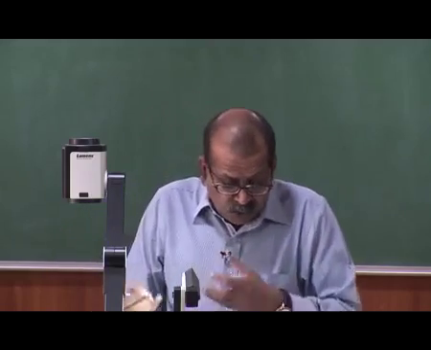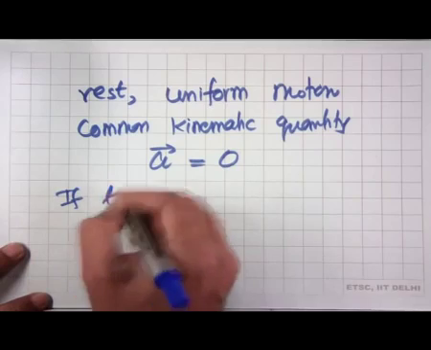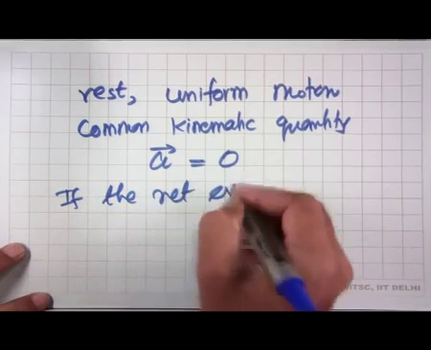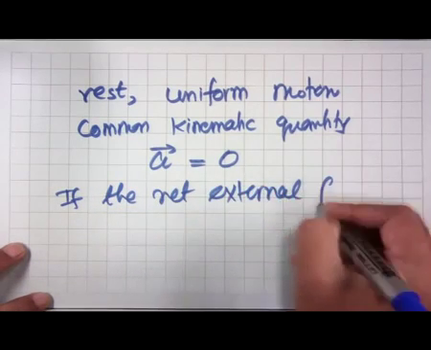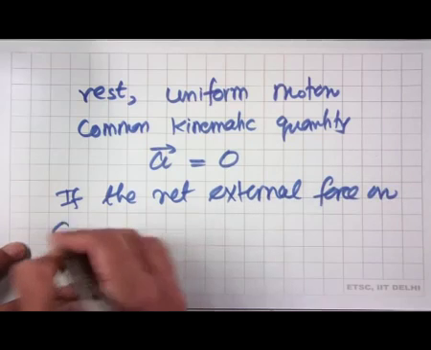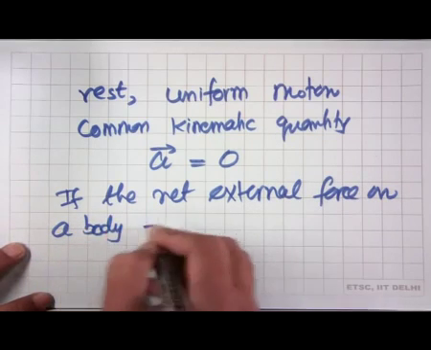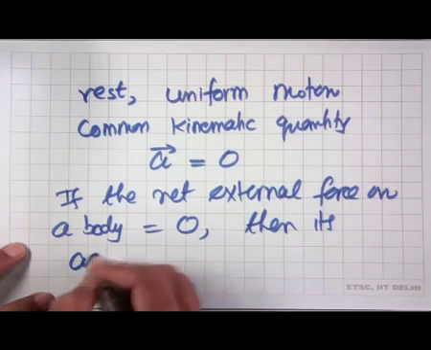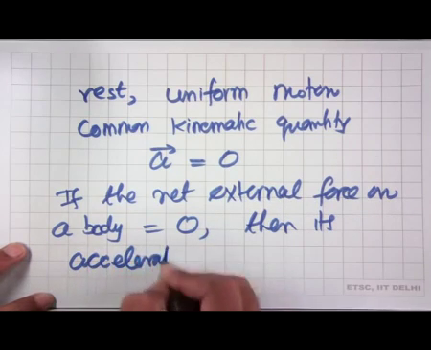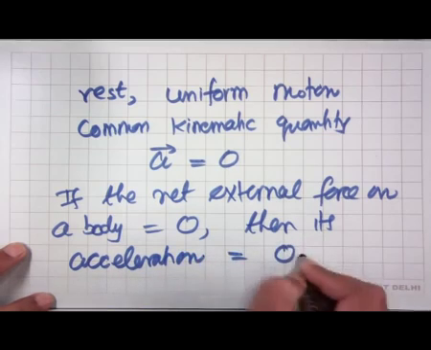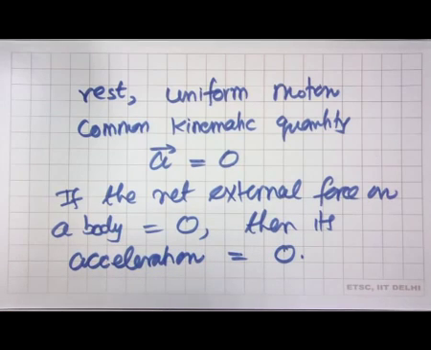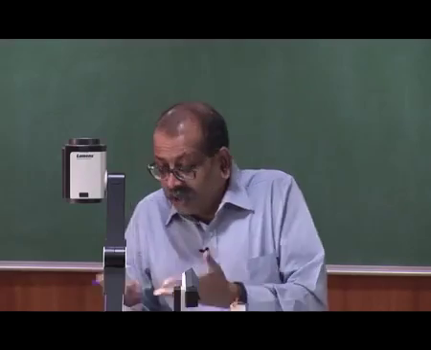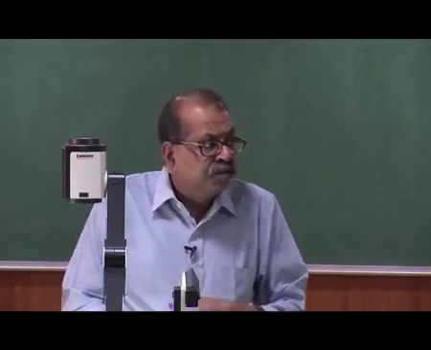So, therefore, what we can deduce is, if the net external force on a body is equal to 0, then its acceleration is equal to 0. And this may be another, quantitative way of looking at the first law of motion.